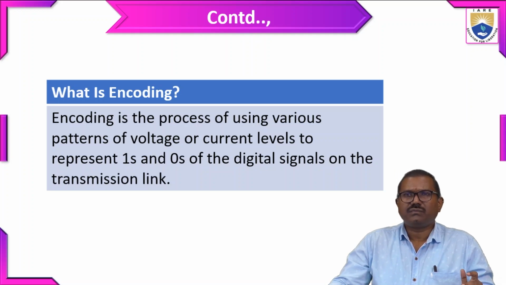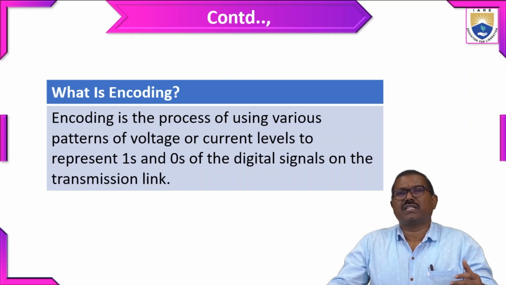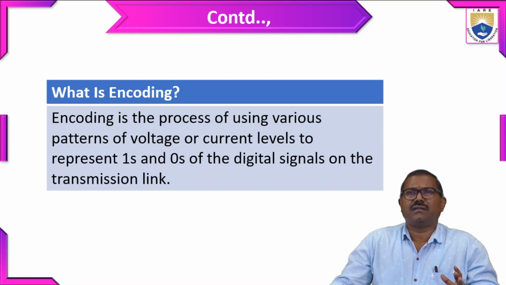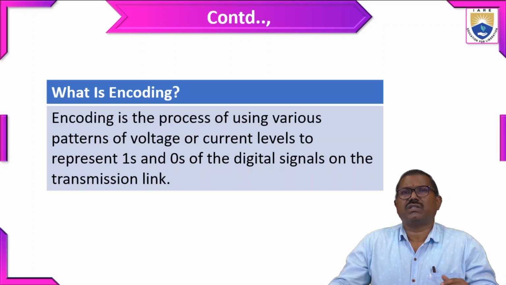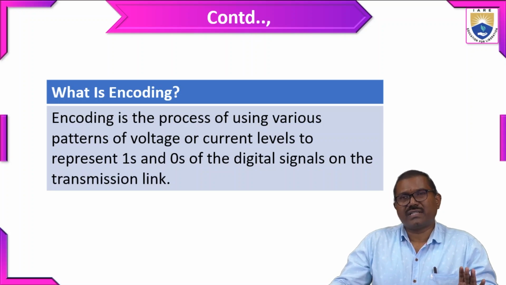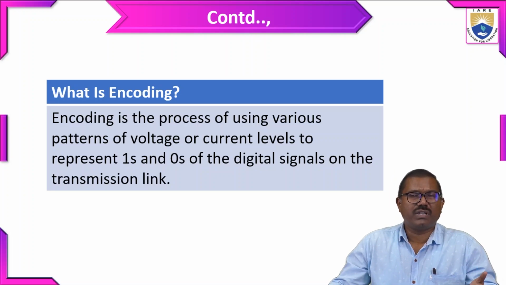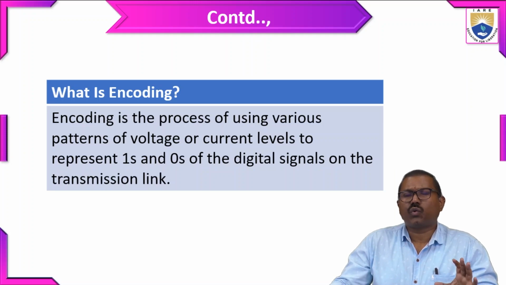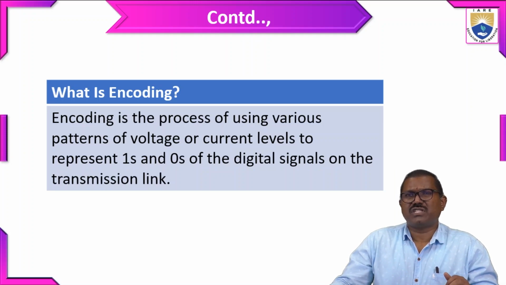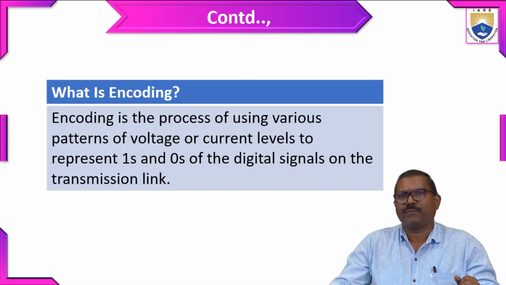Here, this can be called signal representation, either ones and zeros signal representation. But encoding we can say in another way also. Encoding means here we are coding, so there is some secrecy we maintain.